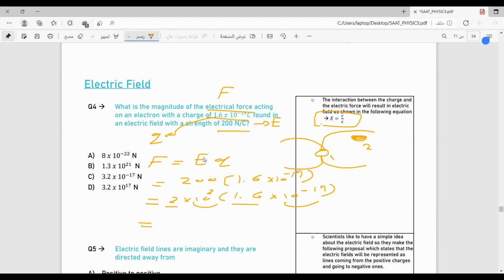So 2 times 1.6 will be 3.2, because 2 times 16 is 32, and by shifting the decimal point we get 3.2. And now 10 to the power 2 times 10 to the power negative 19. The bases are the same, so we just need to sum these powers, so we get negative 17. So that's it. It will be C, as we see here.